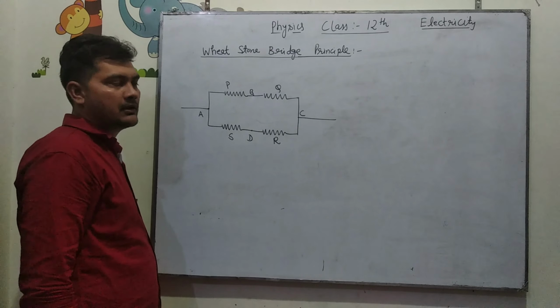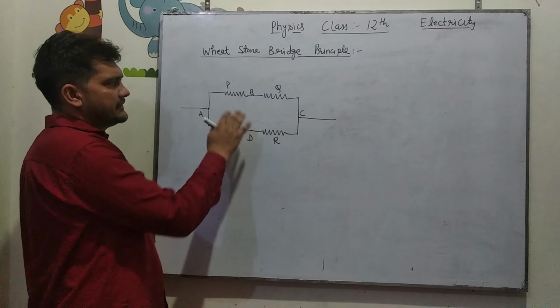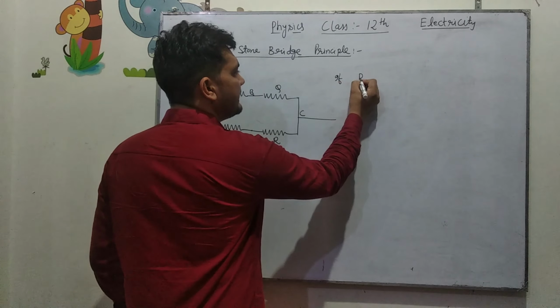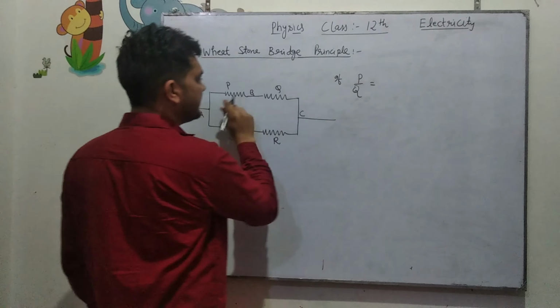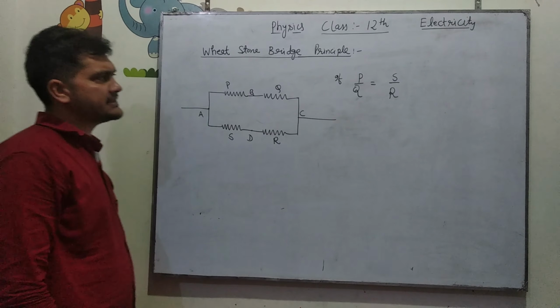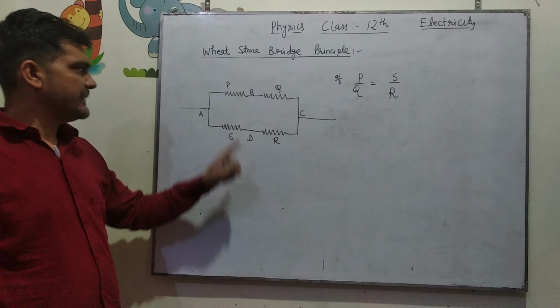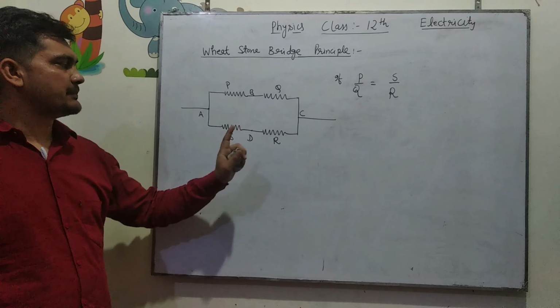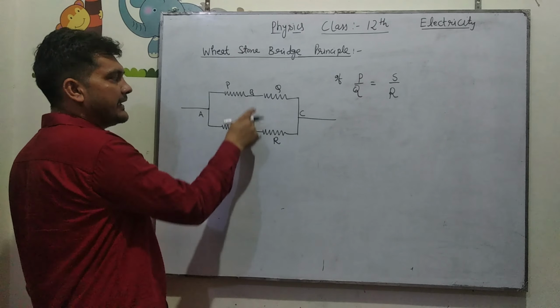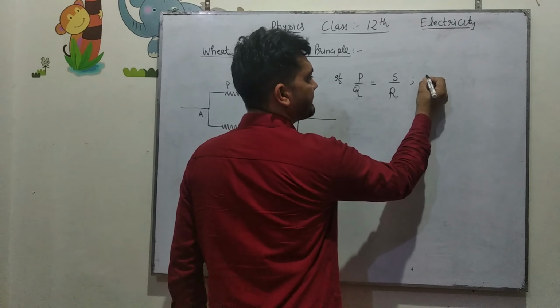According to this principle, if these resistances are in this ratio, if P upon Q is equal to S upon R, then these points B and D are at the same potential.